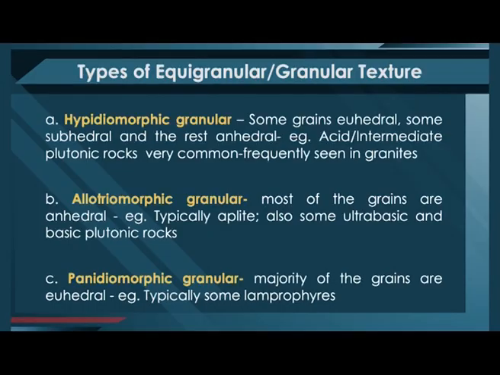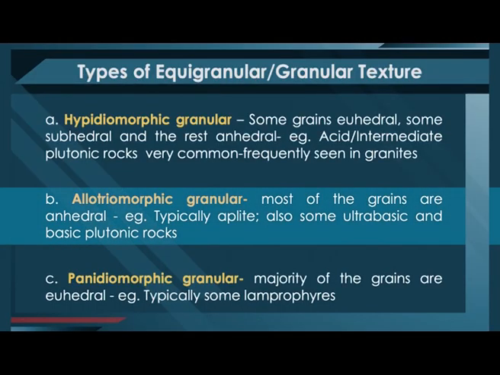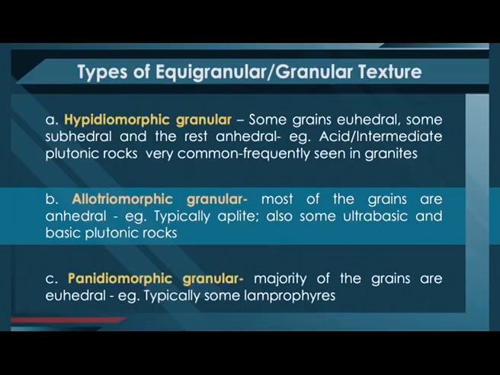Volcanic rocks will not show this texture. Allotriomorphic granular: here most of the grains are anhedral. So, the majority of the grains do not show crystal phases at all. This is exemplified by the rock aplite, which is a hypabyssal rock, and some ultrabasic rocks and some basic plutonic rocks also show this allotriomorphic texture.